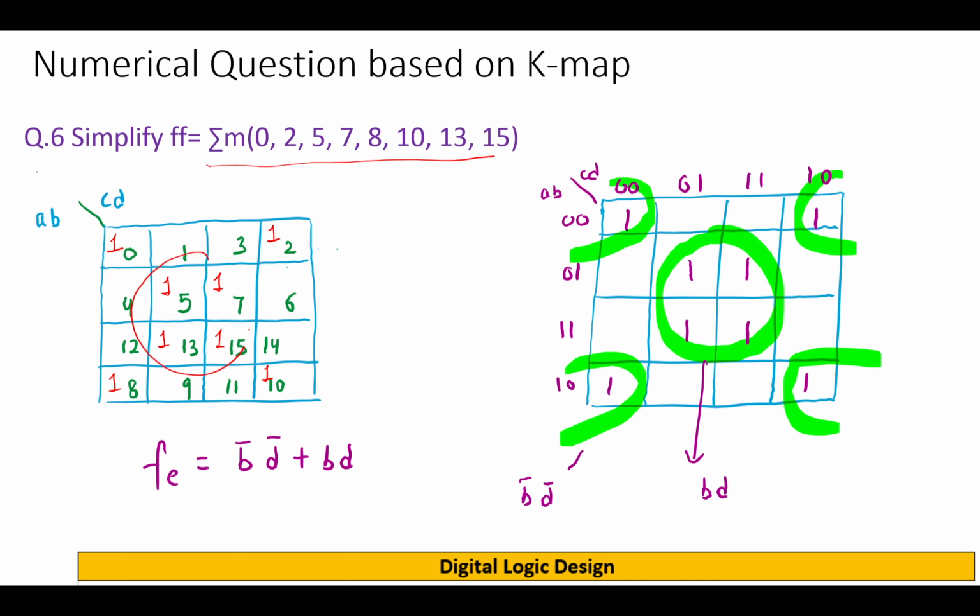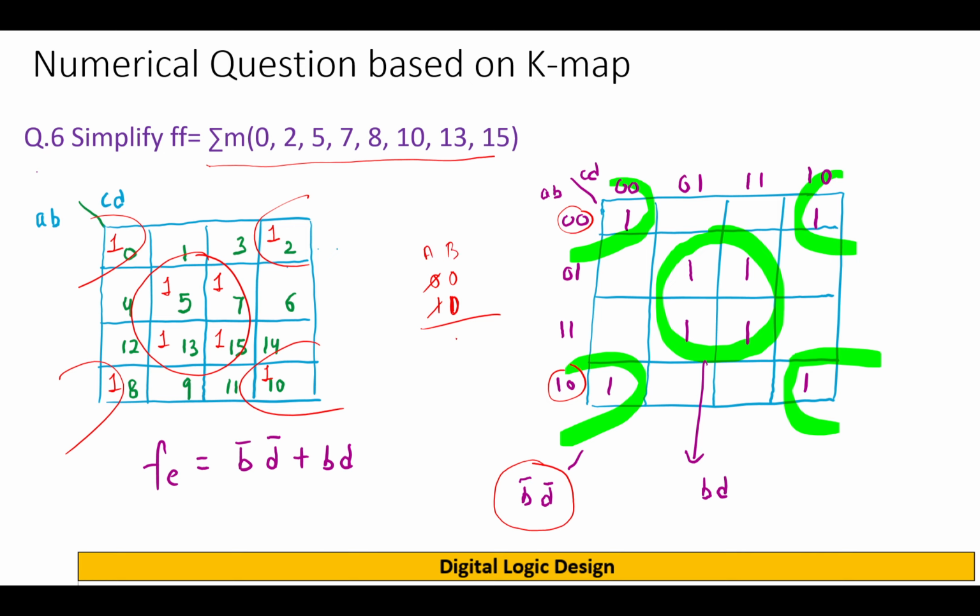Here we form this pair, and all the corner 1s form a pair. All the corner 1s give you the expression b bar d bar. Why do we get this? Because here we have 0 0 and 1 0, so what is it? This term is cancelled.